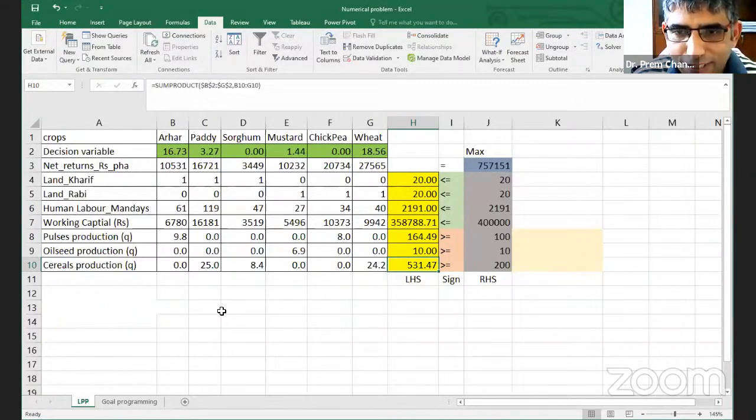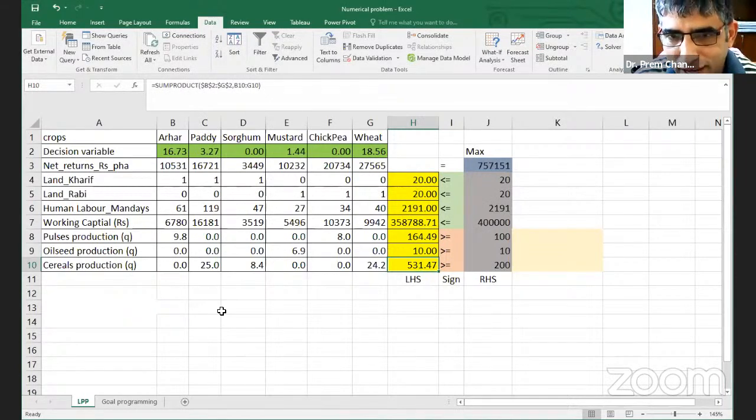But in real life, it doesn't happen. We can hire more labor if we can earn more. So we have to be somewhat soft, not too hard. Our hard inequality constraints should be converted into equalities.